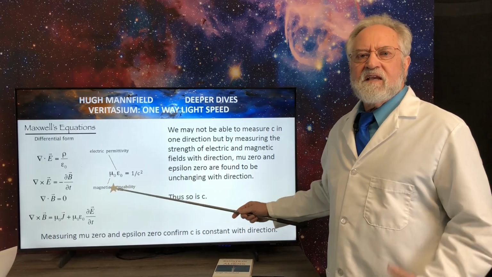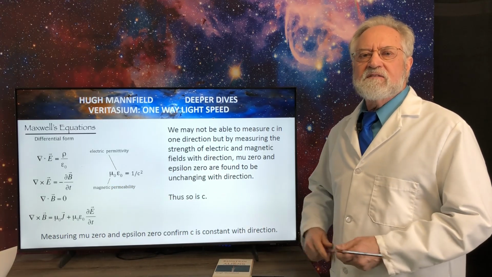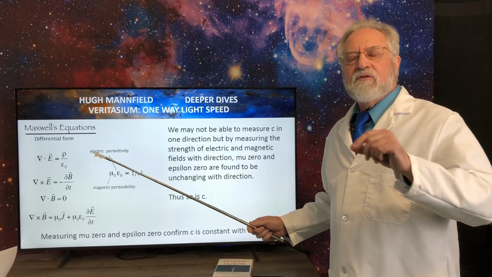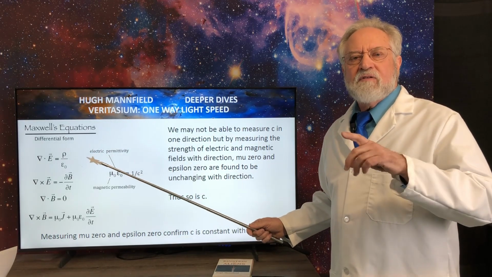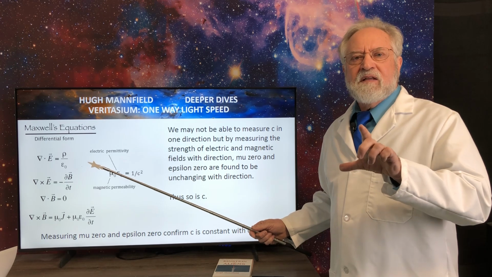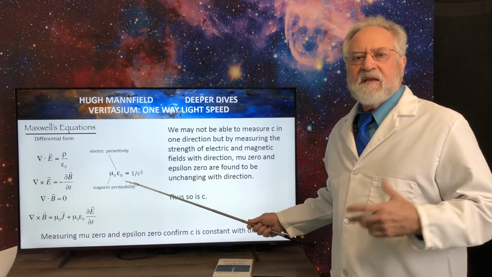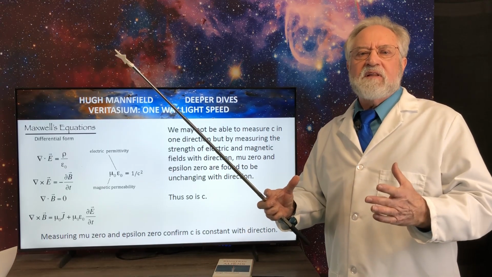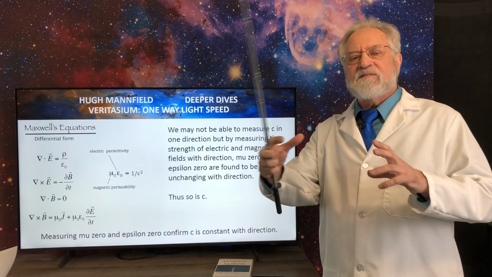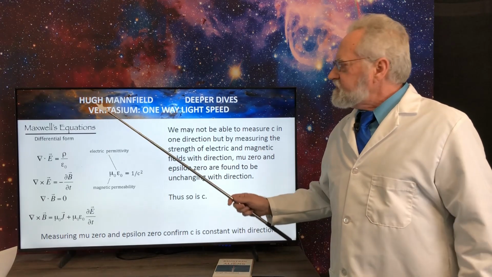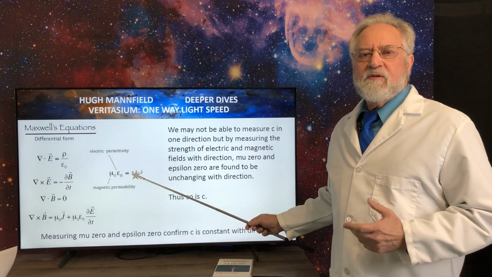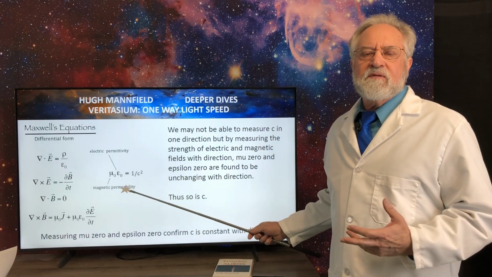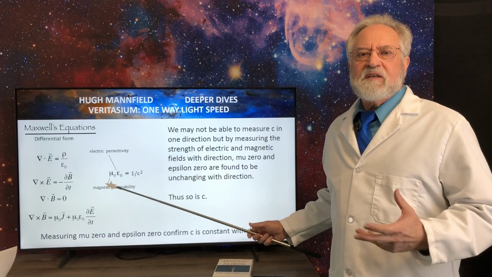And we know that's not the case because when we measure electrostatic fields, the permittivity is uniform regardless of the direction it's measured from the electric charge. And when we measure magnetic fields between the north and south poles, they distribute evenly. There's not a large side and a small side. So Maxwell's equations pretty well confirm that the speed of light must be uniform in all directions, that space-time is isotropic.